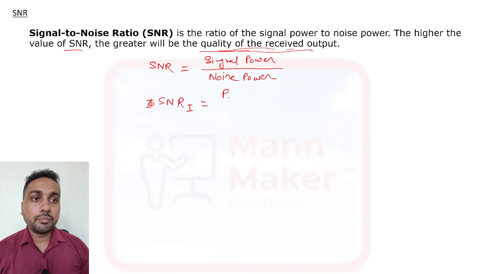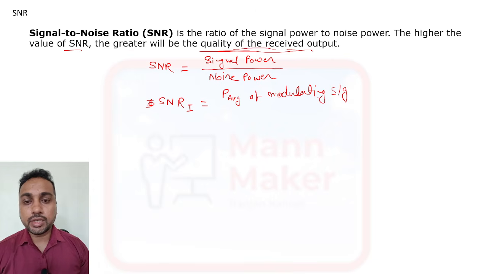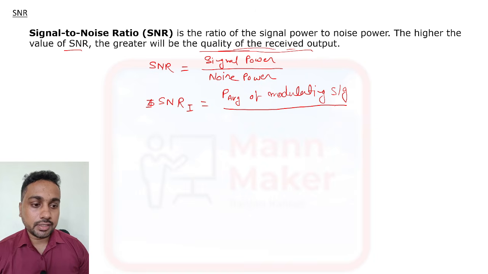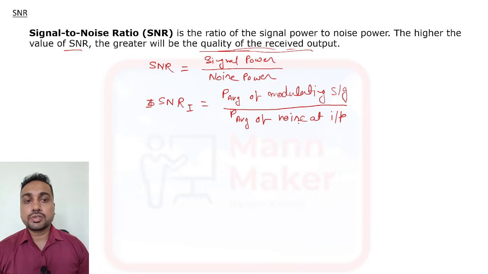It will be the average power of the modulating signal, since on the input side we generally modulate our signal, to the average power of noise at the input side. So this is the input SNR formula.